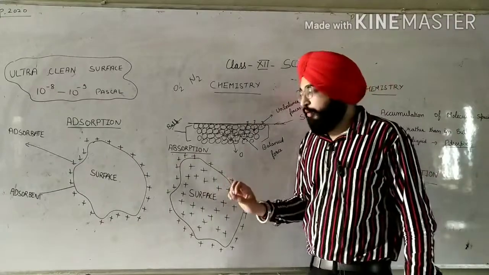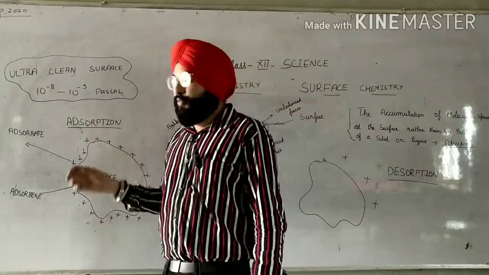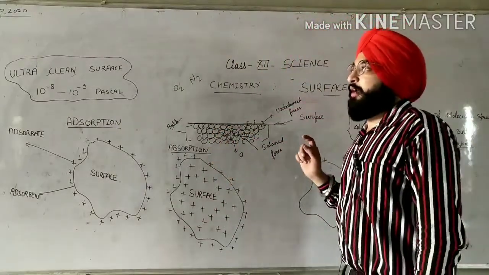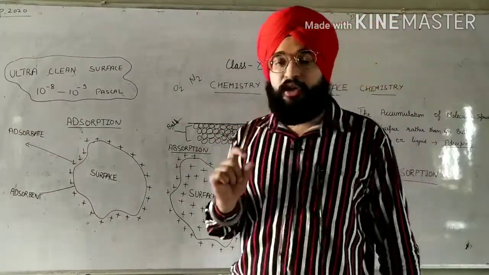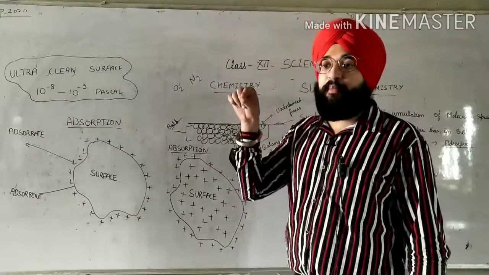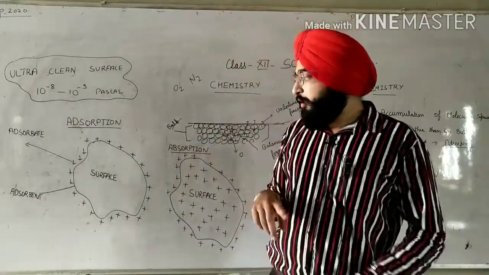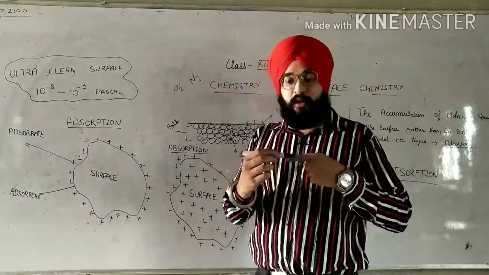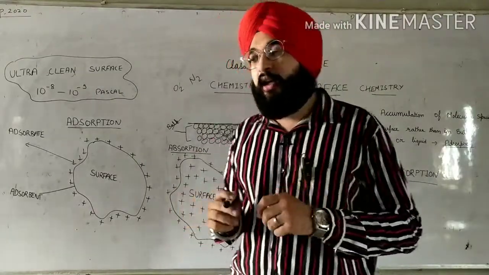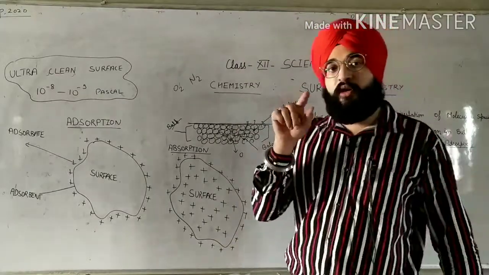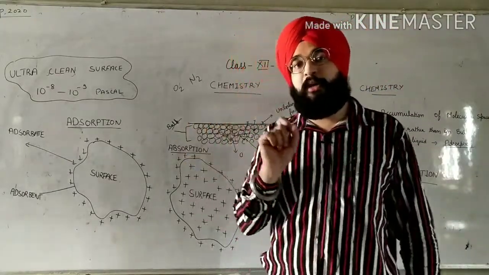An example of adsorption is if I take a piece of chalk and dip it into ink, you will see the ink appear only on its surface. But when you break the chalk, you will see that inside the chalk is white.